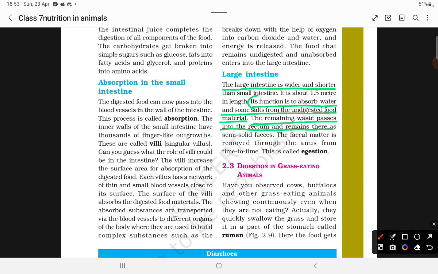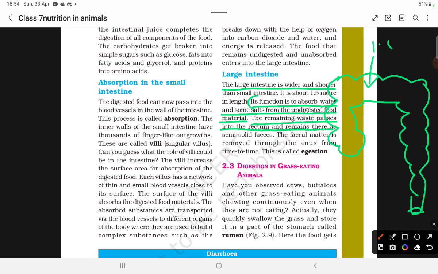Now let me draw the large intestine. It somehow looks like this. Here is the large intestine which I am drawing. So this is the entire thickness. This is the 1.5 meter long large intestine.